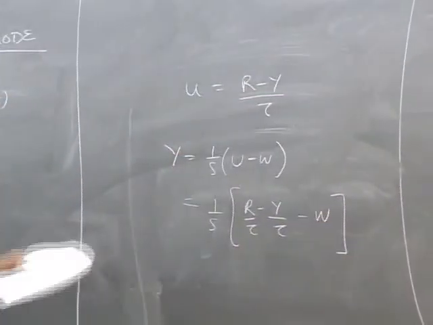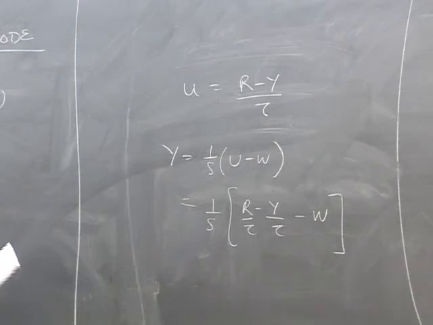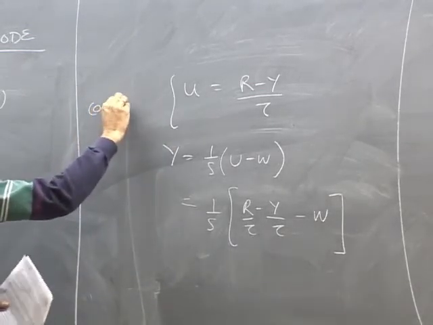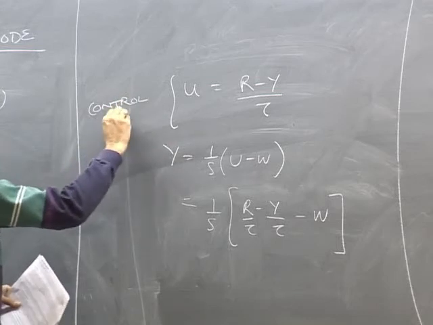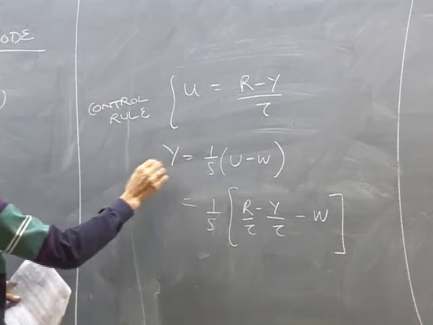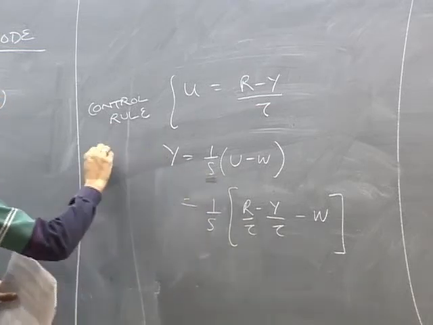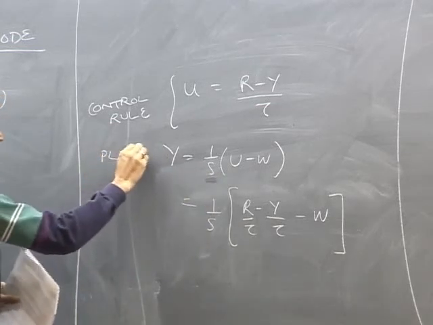I'm just substituting for u from the control rule, and this is from the plant model.